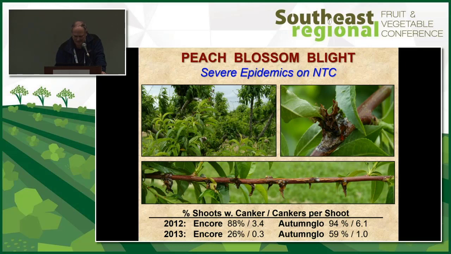Now, the subsequent year, 2013, went down to 26% and 0.3, Autumn Glow 59%, and only one canker per shoot. But even for that 2013 epidemic, that's still way too much. As a grower, you want to see it below, let's say, 5%. I mean, so these are still very high. But that's clearly a weather effect.